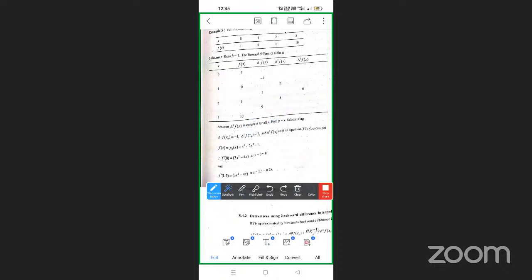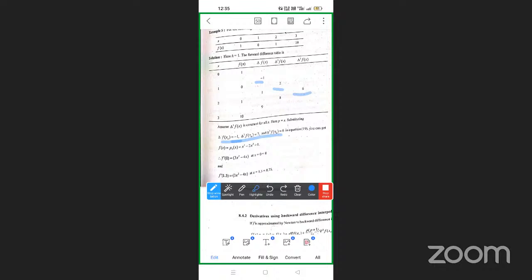So here delta f of x naught is equal to minus 1. So delta square f of x naught is 2. Delta cube of f of x naught is 6. So delta f of x naught is minus 1, delta square f of x naught is 2, delta cube f of x naught is equal to 6.